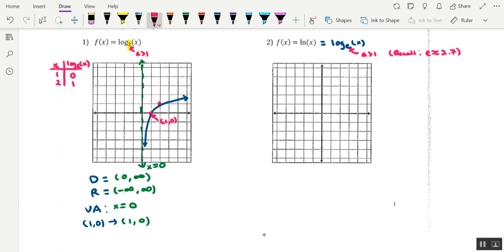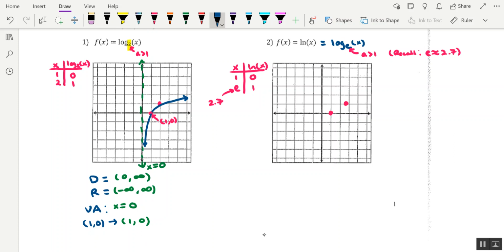And the reason why I want to do that is because when I generate my table for x, natural log of x, I know that (1, 0) prior to any transformations would be on the graph, and so would (e, 1). So that's roughly (2.7, 1). So I'm going to go ahead and plot these 2 points, (1, 0) and 2.7. So I'm going to be somewhere between 2 and 3, a little closer to 3, and then go up by 1 unit.